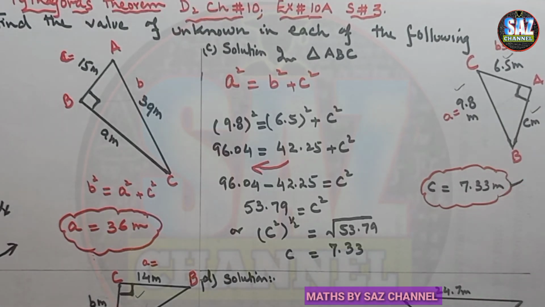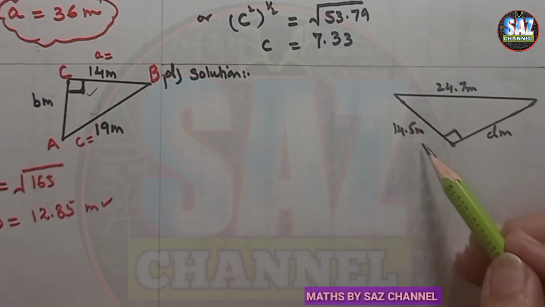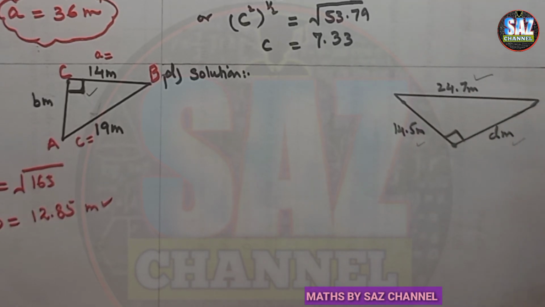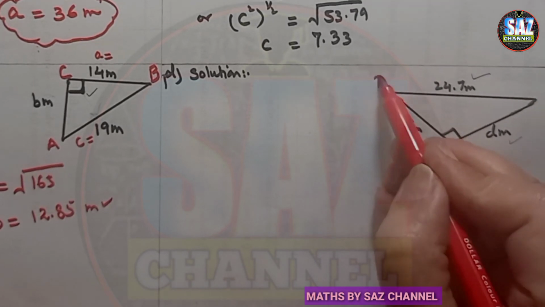In the last part of the question, the given situation has the sides 14.5, D and 24.7. So I hope you are clear that first of all, you have to mark and label the vertices. As this side is D, I'll be marking D here.